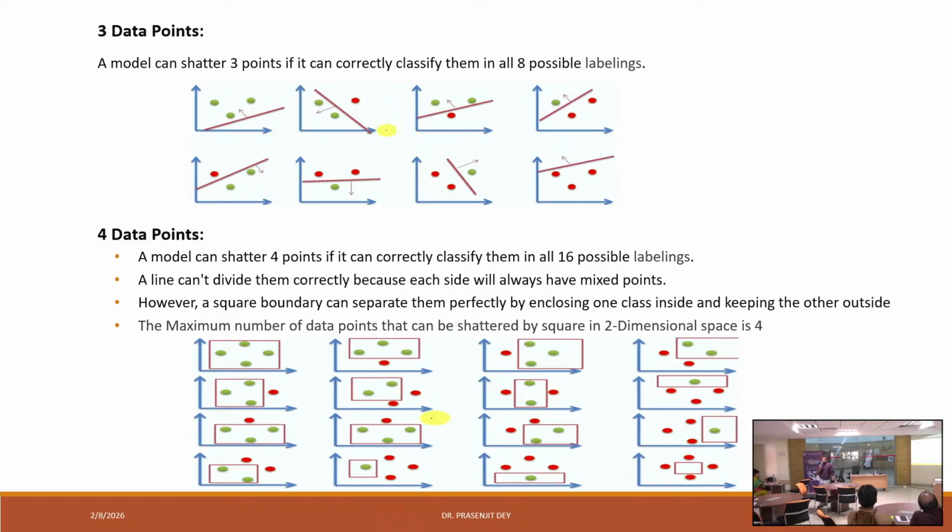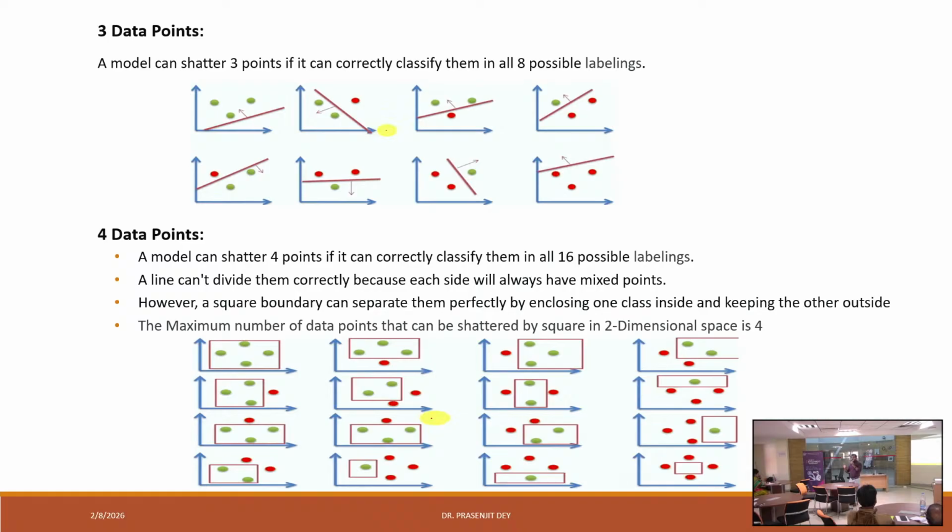No. Suppose in our data, all these samples are present in my data, but suppose the data does not have this sample. The data set which we always have in the real world does not represent all possibilities.